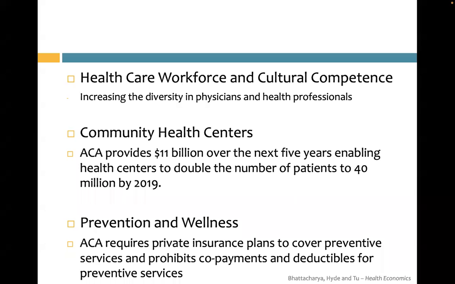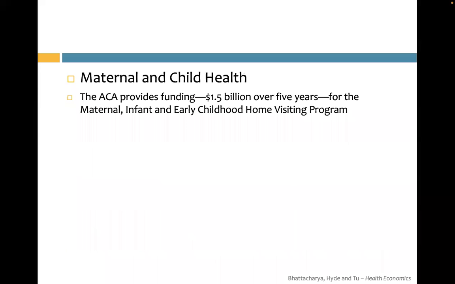It regulates the healthcare workforce and cultural competence, community health centers, prevention and wellness. And it also provides funding for maternal and child health, because we know that a lot of studies look at early life and have provided evidence that early life is the one that has the longest persisting consequences.